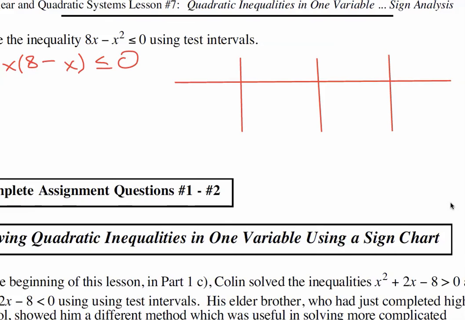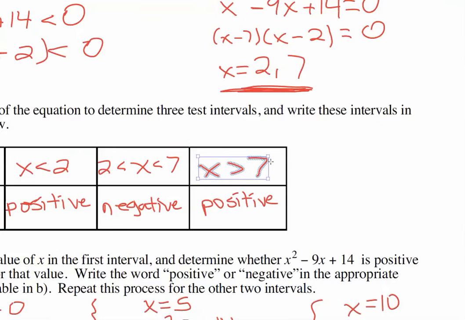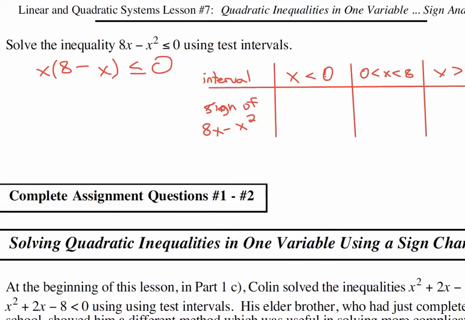Let's go ahead and write in our intervals. Our first is when x is less than 0. Our second is when x is between 0 and 8. And our last is when x is greater than 8. Again, how did I determine the intervals? Well, if I was actually solving this as an equality, I would have two solutions where this is equal to 0.